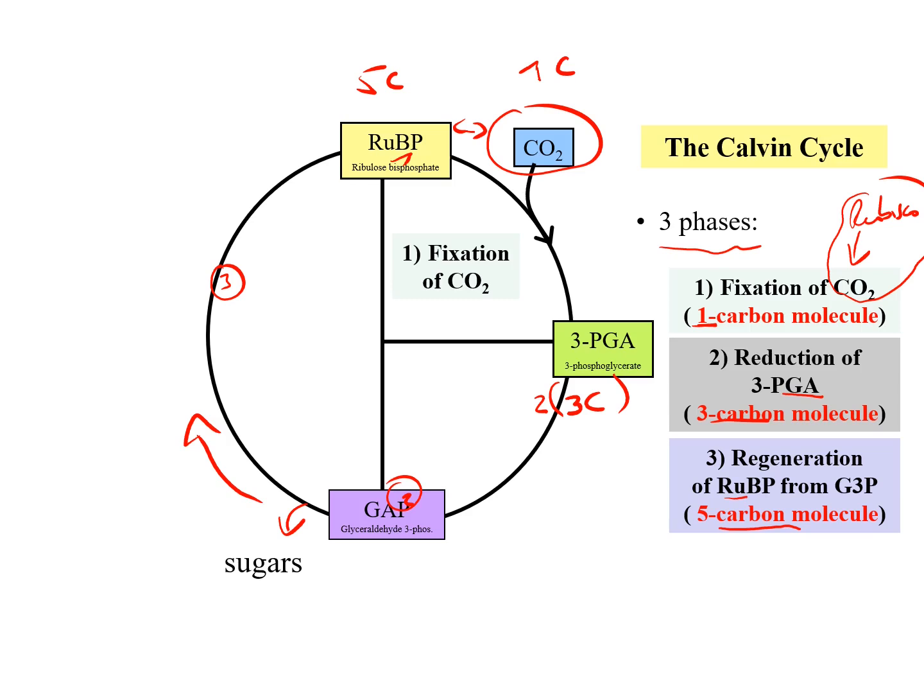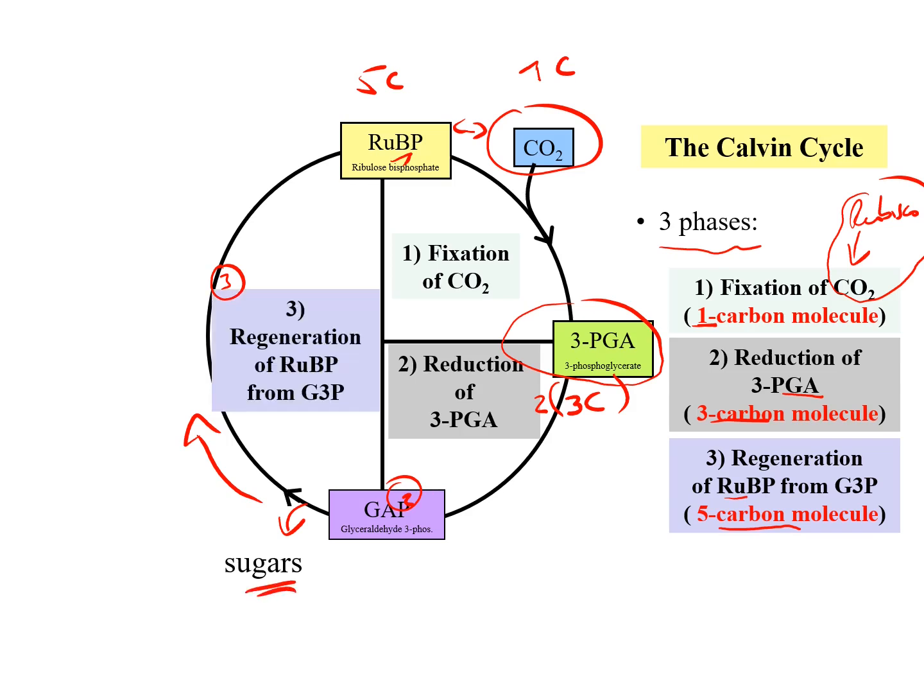So in the beginning we have the fixation of CO2 until the formation of this 3-PGA. Then in the second one you are going to reduce the 3-PGA and produce glyceraldehyde phosphate, and as a result you produce sugar. And the last step is the regeneration of the rubisco, and the process can start again.